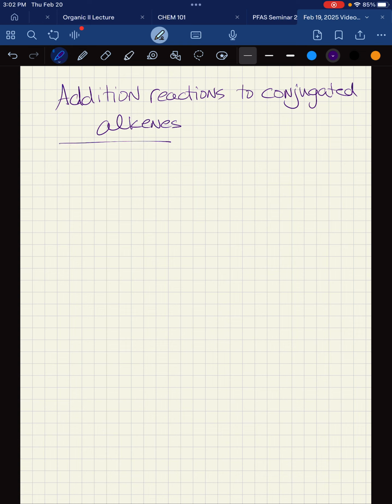Okay, so let's first just do a little bit of double and pi bond terminology. So we remember that if we have this, this is going to be conjugated. We know that here we've got a series of sp2 hybridized atoms. And it doesn't have to be sp2. We could also have sp, but what we can't have is sp3 hybridized, because once we have sp3 hybridized, we don't have that system of unhybridized p orbitals.